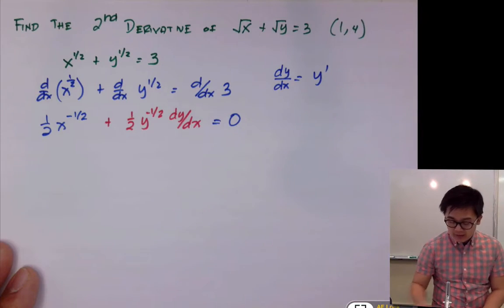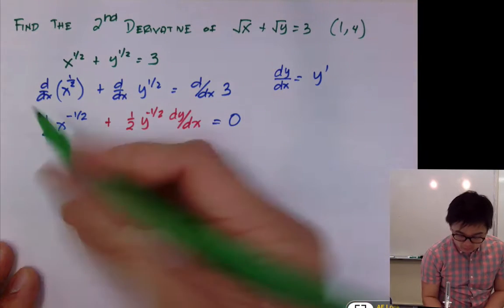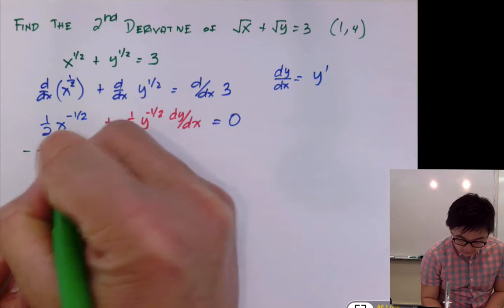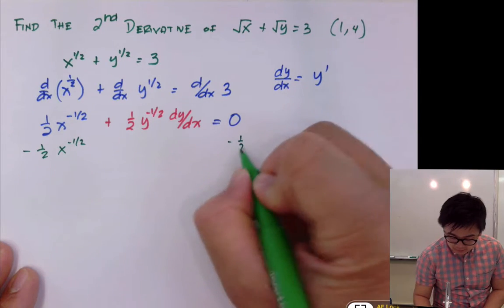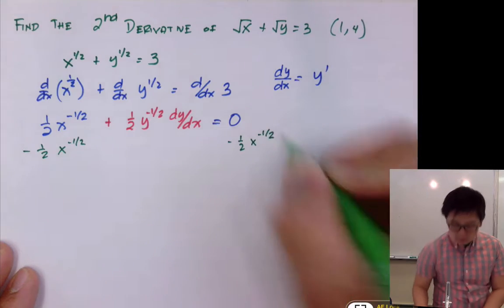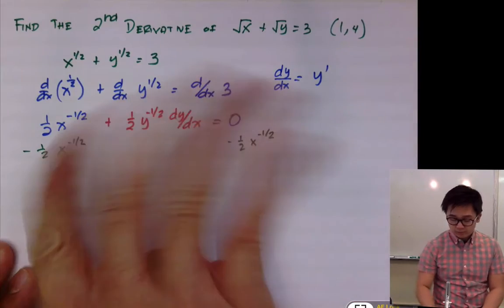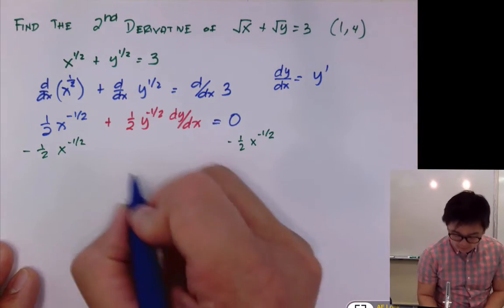So by isolating my dy/dx, I will subtract 1/2 x to the negative 1/2 on this side of the equation.